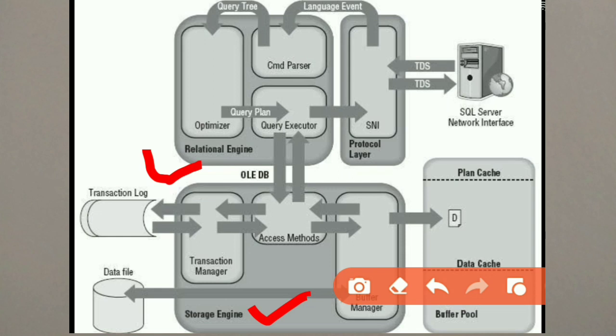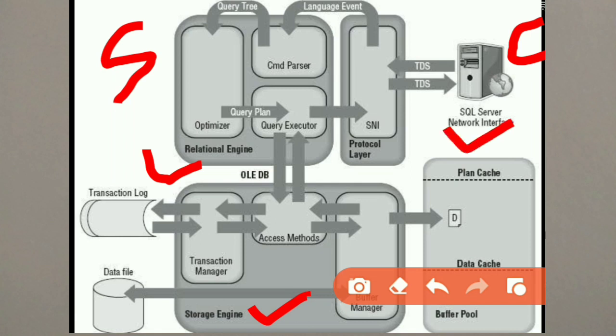The relational engine is separated into two parts: the client side and the server side. As you can see, on both sides we have the SNI, the SQL Server Network Interface, on the client side as well as the server side.